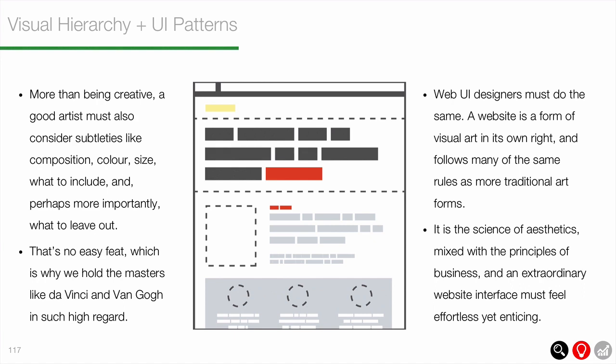So we talked about visual hierarchy and design patterns, and essentially what we start to find is that knowing what to include is really important, but also a lot of UX design is all about taking stuff away. Artists like Da Vinci and Van Gogh knew exactly where to put stuff.